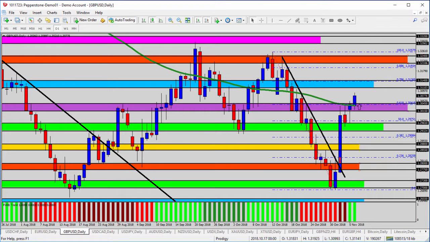We have also taken a Fibonacci measurement from the high just before the top of the black trend line to the low on that same black trend line, high to low. That puts the 0.618 Fibonacci retracement level at 1.3040. By the way, that's the same place that the 100 period moving average sits. So very interesting there.